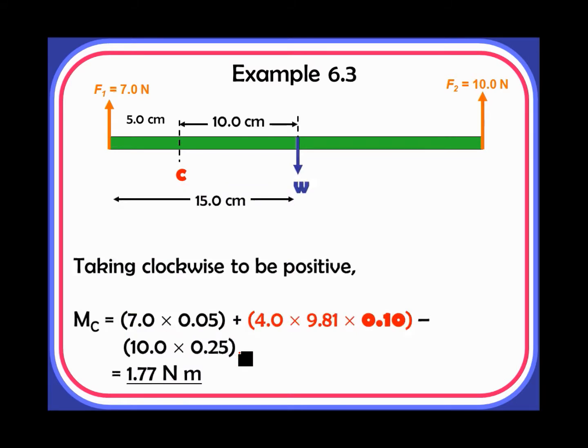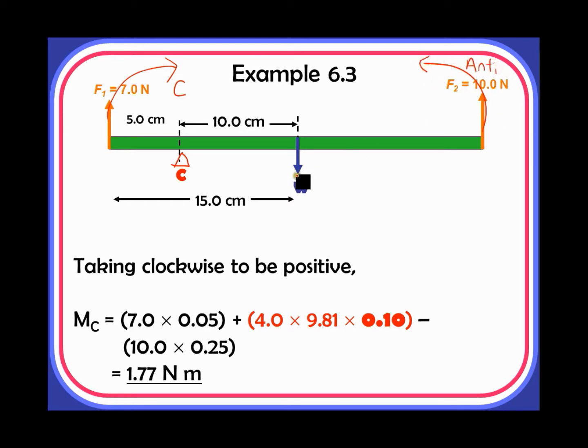Example 6.3. Now we are going to consider the weight of the beam. So I have force F1, F2 as well as the weight of the beam, which I call W. I'm going to take moment about the point C. F1 will cause the beam to rotate this way. This will be a clockwise moment. F2 will be an anti-clockwise moment.